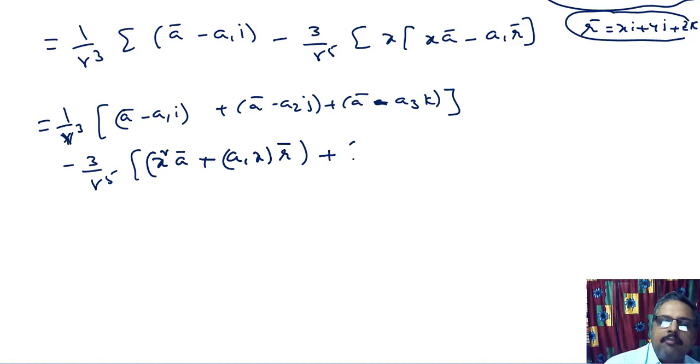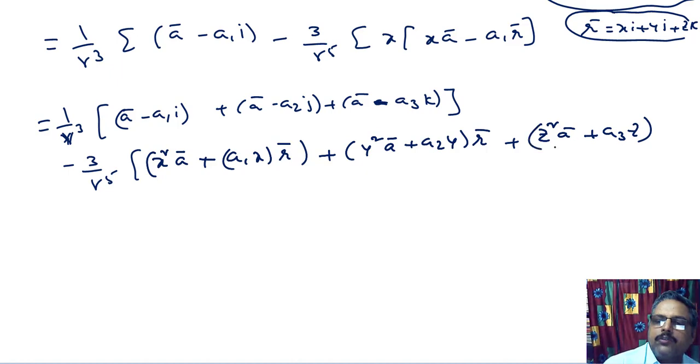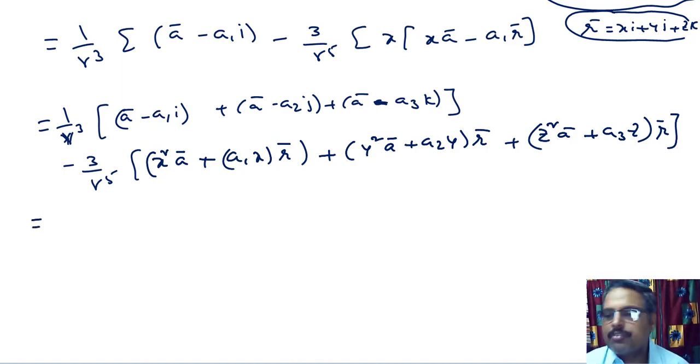In the second term, y square into a bar plus a2 y into r bar, plus z square a bar and plus a3 z into r bar. Just replace x by y, y by z, a1 by a2, a2 by a3, x by y, y by z. Just write all these terms. Okay.